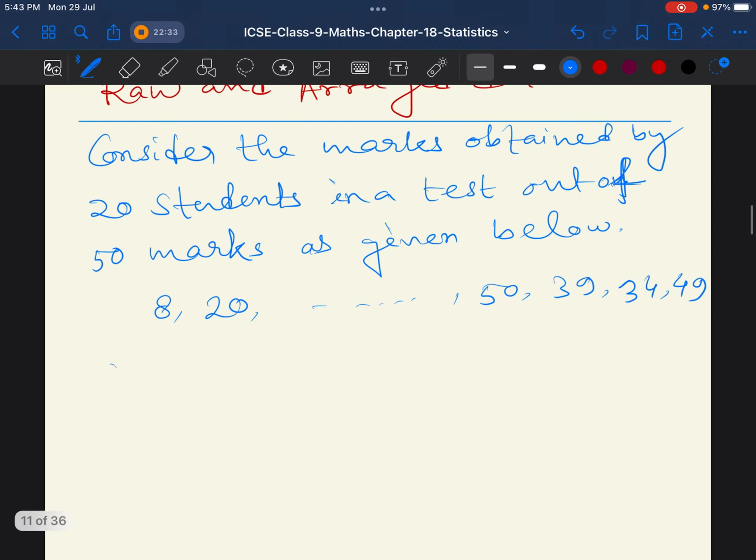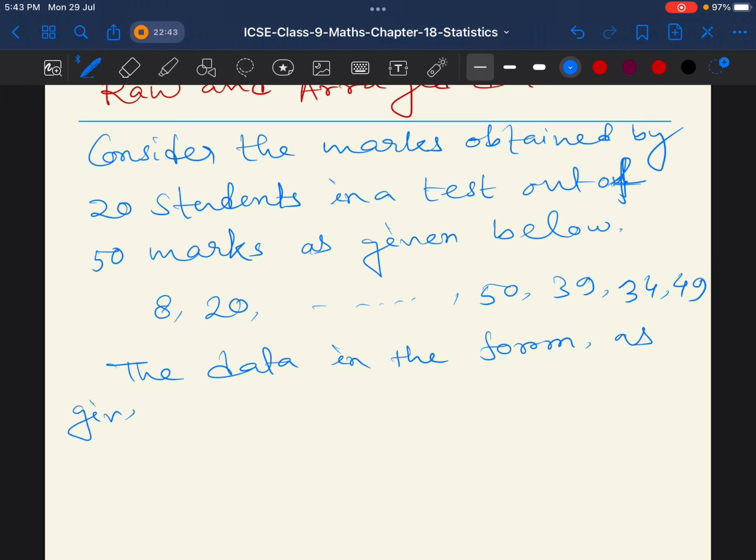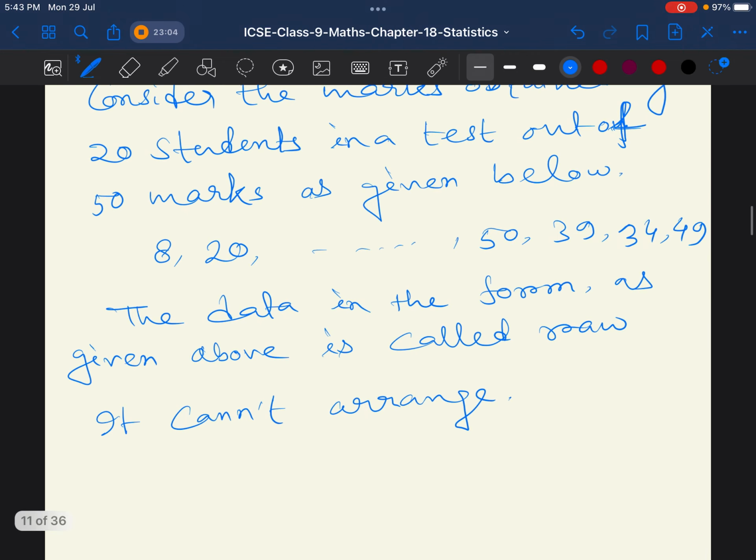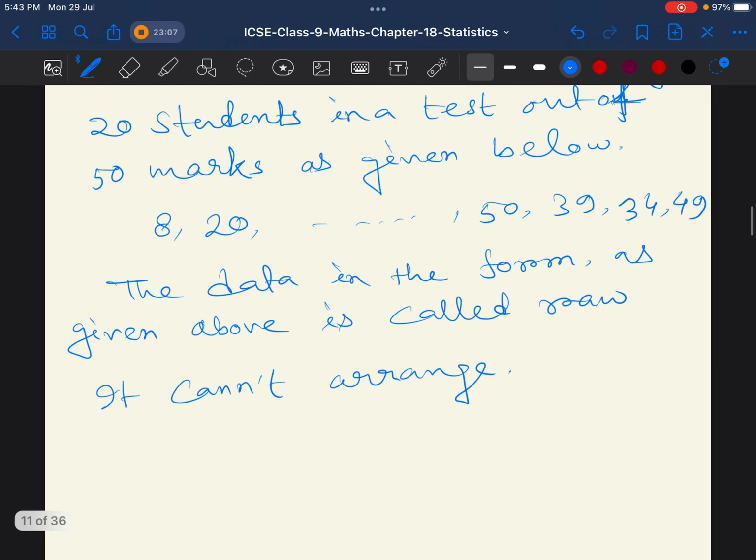The data in the form as given above is called raw or ungrouped data. That means it isn't arranged and it is in the original form.